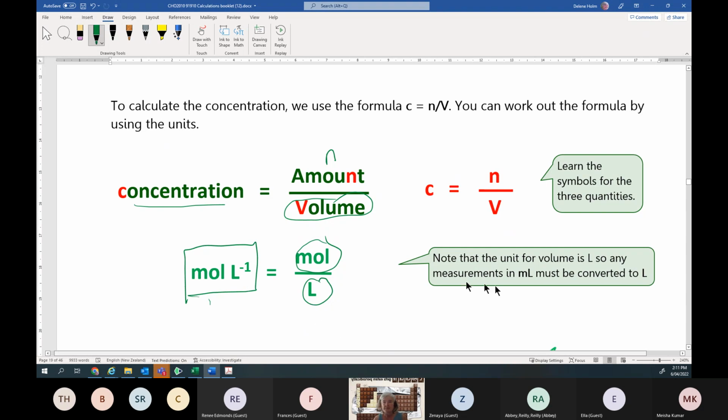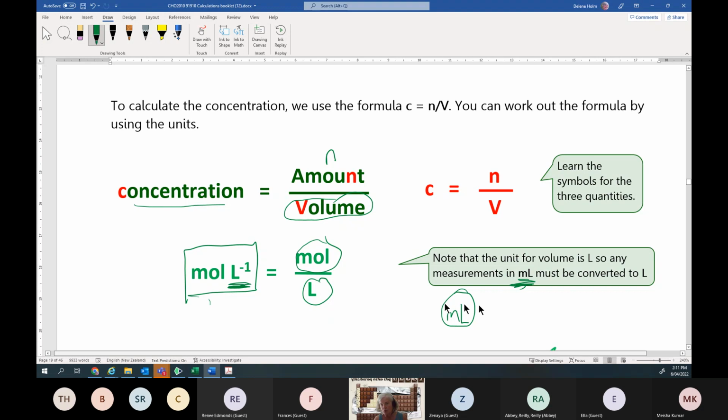There's a big trick here, because when we are in the laboratory, we don't slosh liters of stuff around. We tend to work with little things. So you tend to measure things in milliliters, but of course, I can't say milliliters and then expect to get a unit of moles per liter.